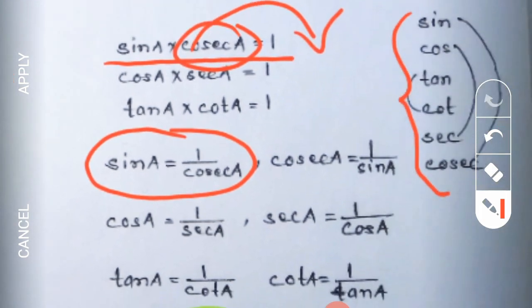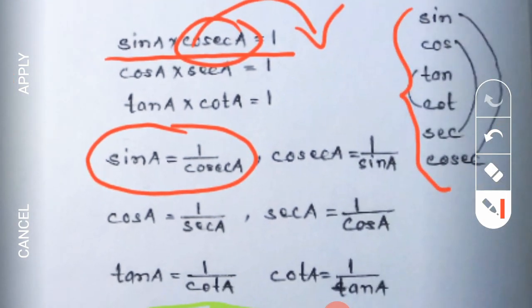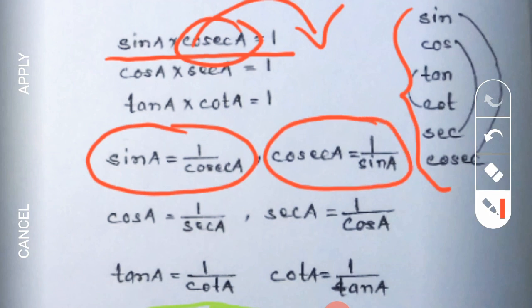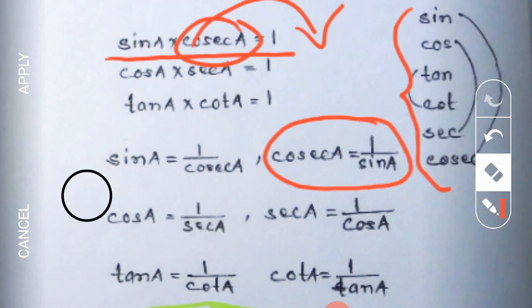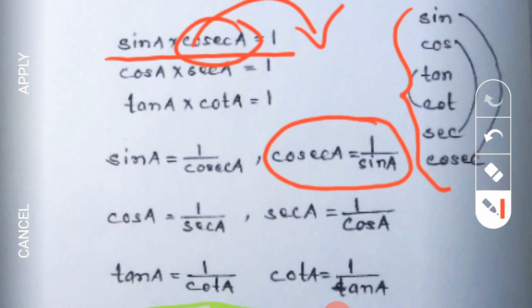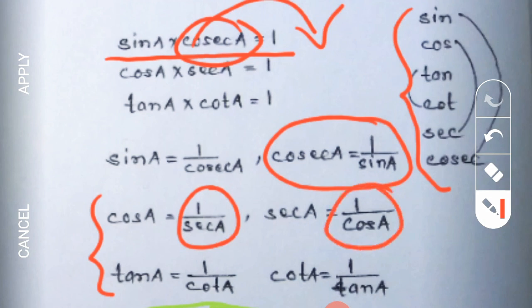And in the same way, if you transfer sin a to that side, you will get the value of cosec a, 1 by sin a. In this way, you can obtain this relation: cosec a equal to 1 by sin a, sec a equal to 1 by cos a, tan a equal to 1 by cot a, and cot a equal to 1 by tan a.